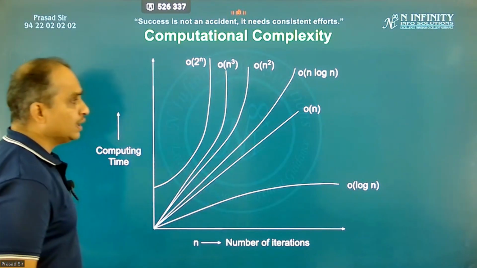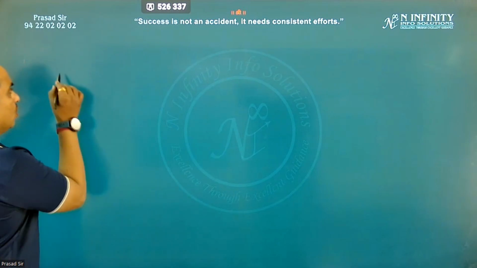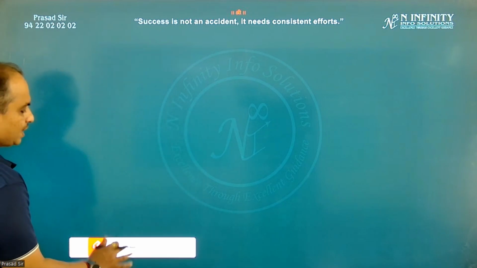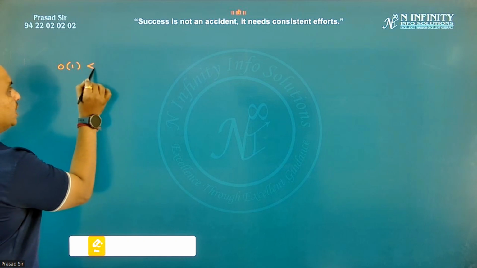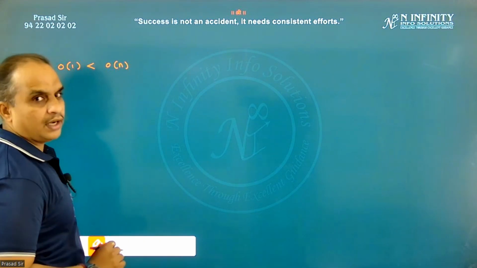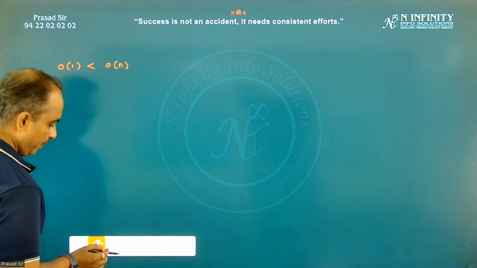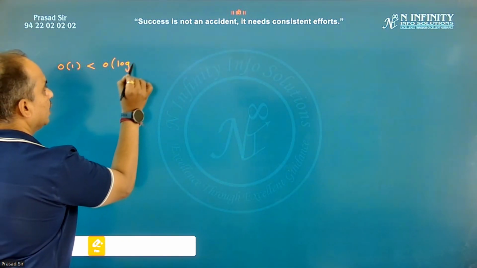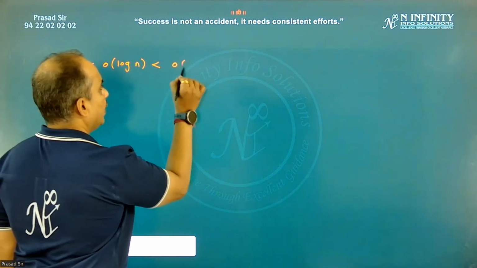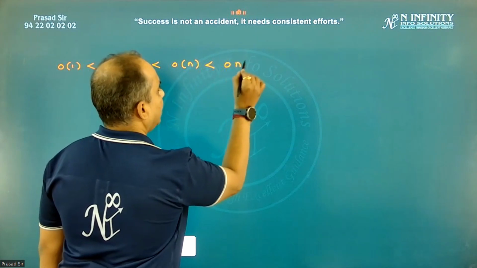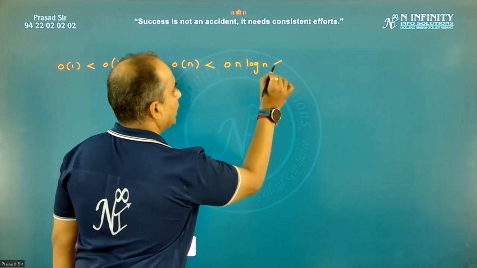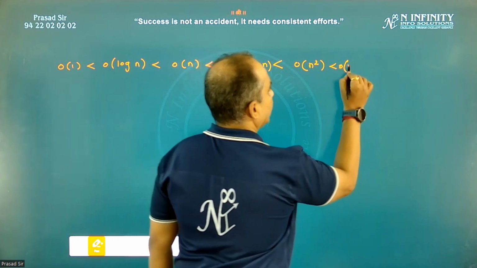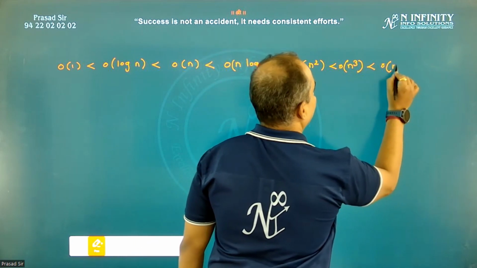Okay. So whenever we talk about time complexity, here I want to give it in a little more descriptive form, right? So we could always have order of 1, that is constant, which is always less than order of n, right? Or I can say that, before this, one more time complexity is order of log n, right? And then we can have order of n, followed by order of n log n, and then order of n square, then order of n cube, then order of n raised to k, right?